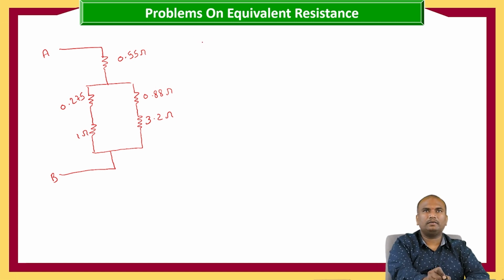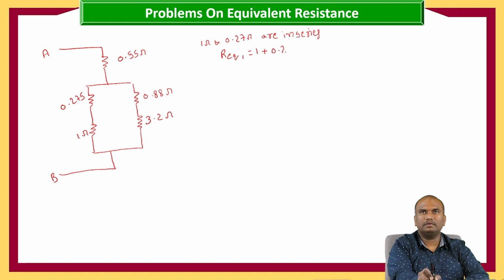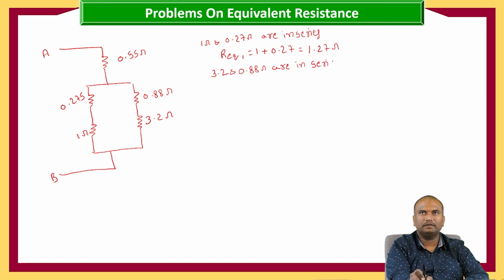So the R equivalent 1 ohm and 0.275 are in series. That is R equivalent 1 is equals to 1 plus 0.27, which is equals to 1.27 ohms, and 3.2 and 0.88 ohms are in series.